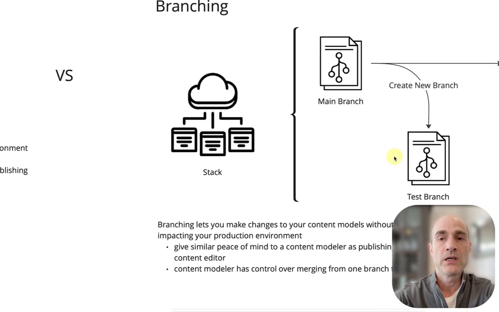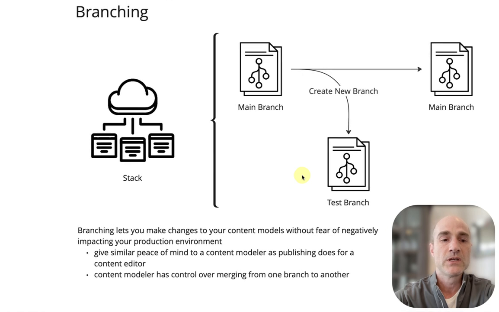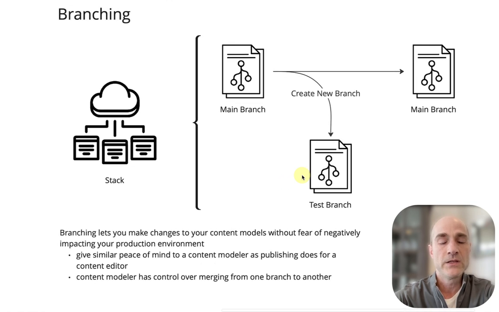Branching is a notion that's really going to be familiar to devs. And the idea here is within the stack, you can have at least one branch known as the main branch, as well as additional branches. And you could have multiple branches.